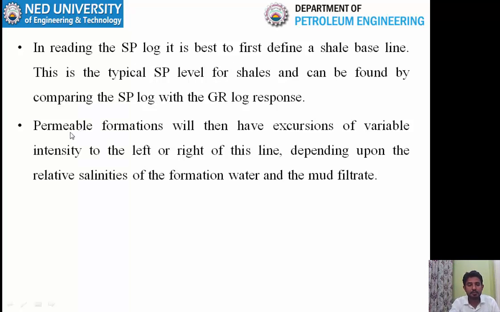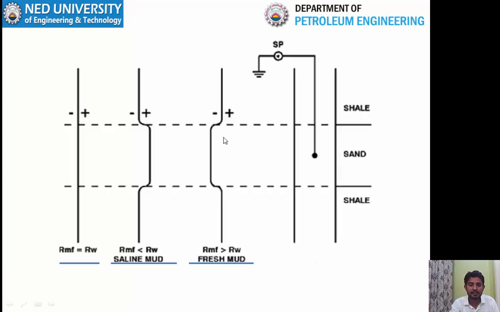And we see that against the permeable formation you will have the deviation, and the deviation can be on the left or the right side of this baseline, depending upon the difference of salinity. The most general case is this one, when your mud is fresher as compared to the formation water.